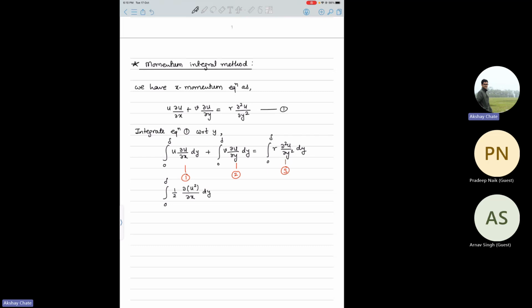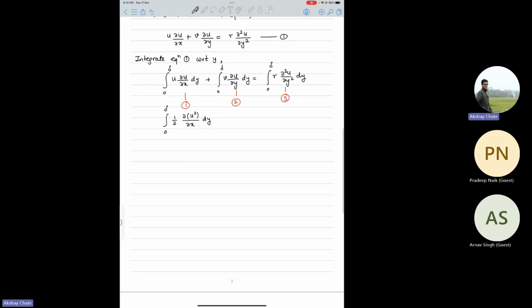Moving on, we'll take the second term, which is integral from 0 till boundary layer thickness of v del u by del y dy. Here there are two terms: v, which is the y directional velocity, and del u by del y, which is the gradient of the x directional velocity with respect to y. So you have to use the integration chain rule, or integration by parts.